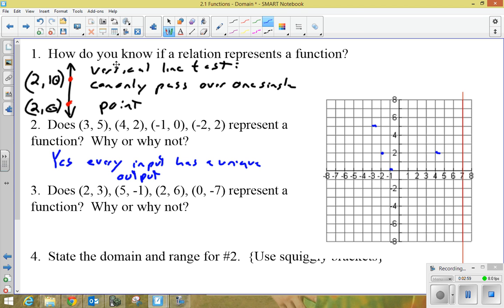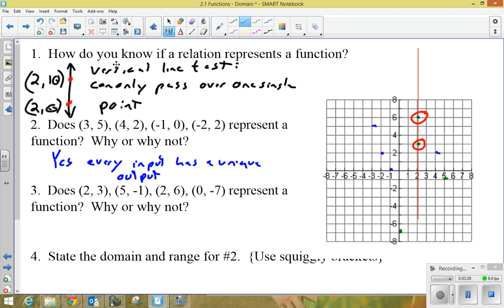Okay, so part 2, if we look at and graph these, we have (2, 3), we have (5, -1), we have (2, 6), and we have (0, -7). Okay, so we can see here at 2 we have an issue. It does not pass the vertical line test.